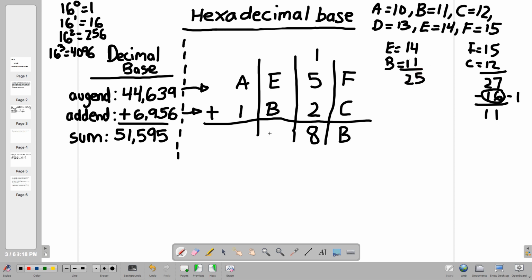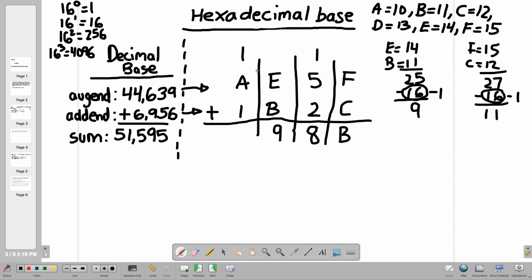Once again, you can't have two digits in a column, so let's subtract 16 from this. 25 minus 16 gives us a value of 9. Once again, the 16 is going to be a carry. It represents 1. So 1 goes here, and for this particular column, the value 9 goes here.